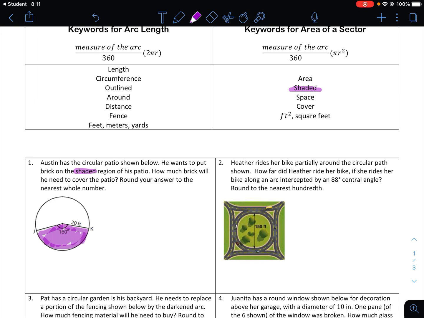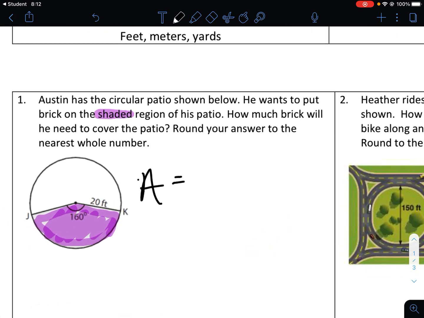So remember that for either arc length or area of a sector, you're using your circumference or your area formula and then multiplying by the fraction of the whole circle. So for number 1, we can see in the picture that we have 160 degrees as our central angle, which is the same measure of the arc.